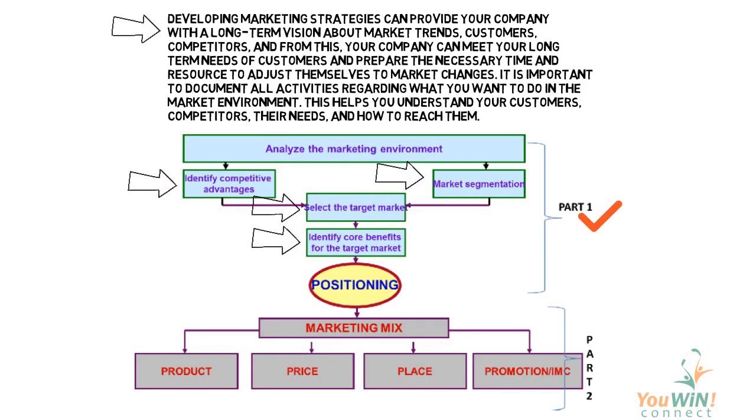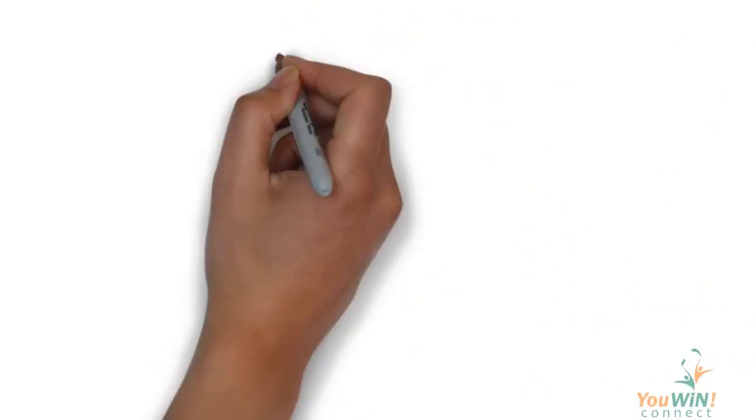Your company must have the core benefits which will give you the competitive advantage that would help you to target your audience. And fourthly, positioning will come about upon solving the above 3 issues mentioned. The steps in part 2 will help businesses in coordinating their activities in a highly efficient way.